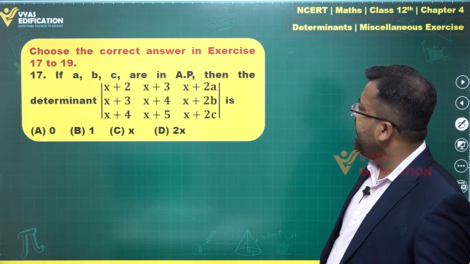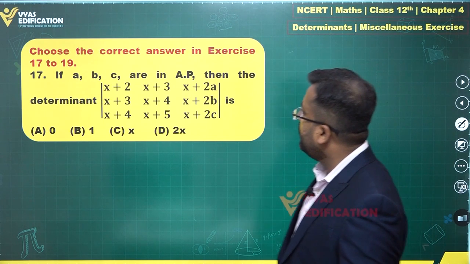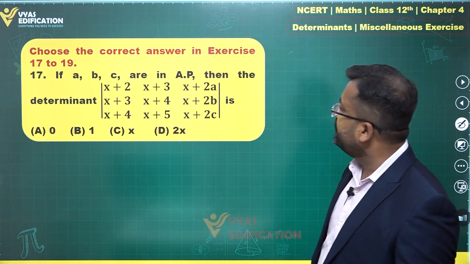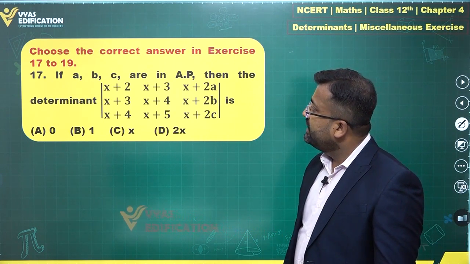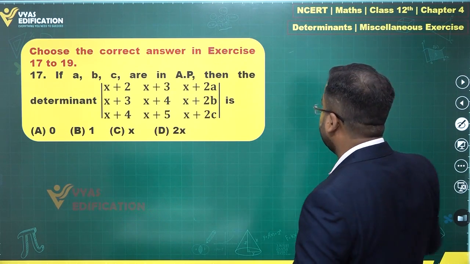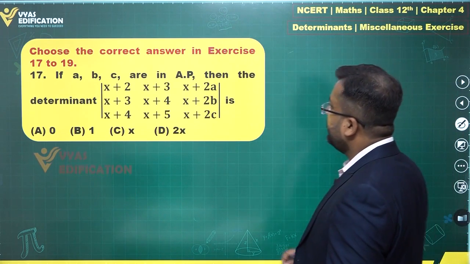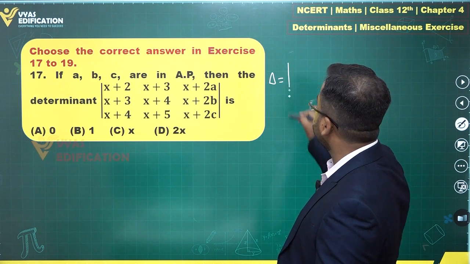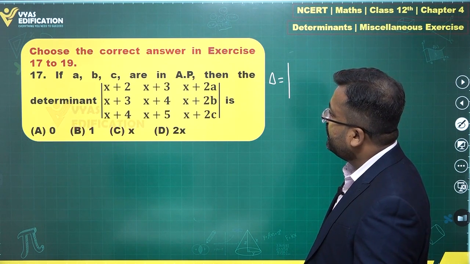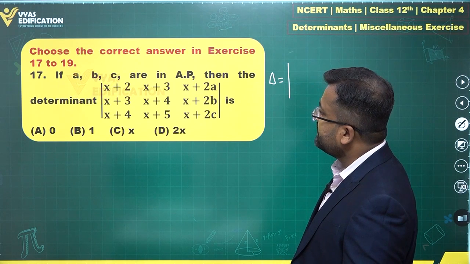So, we have x plus 2, x plus 3. If you observe, let's try to create some zeros if possible. But let's try to eliminate the x first of all. How many x's are there? There are so many x's, right? So, delta is equal to this, and what can we do? Okay, x plus 2, x plus 3, x plus 4.